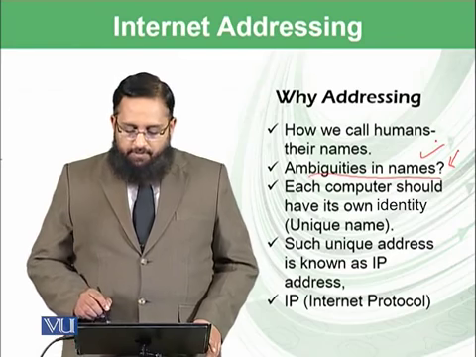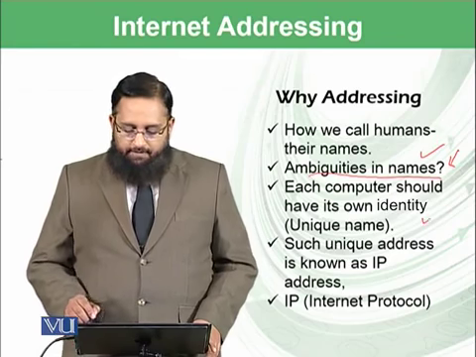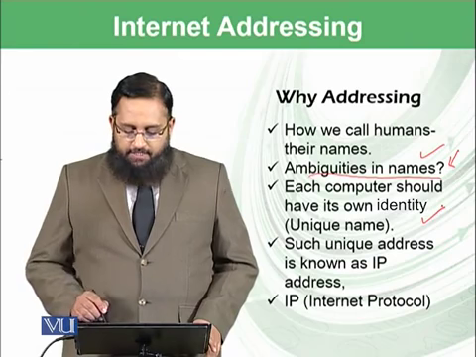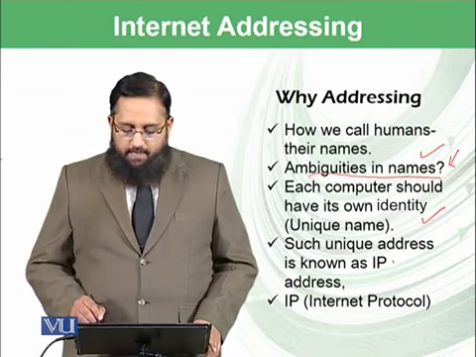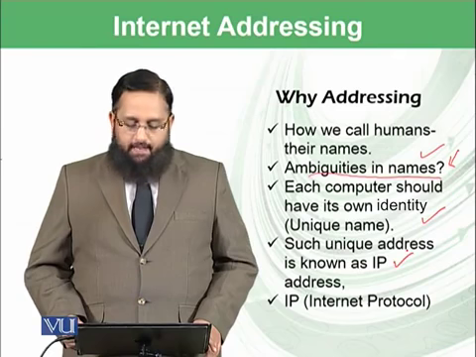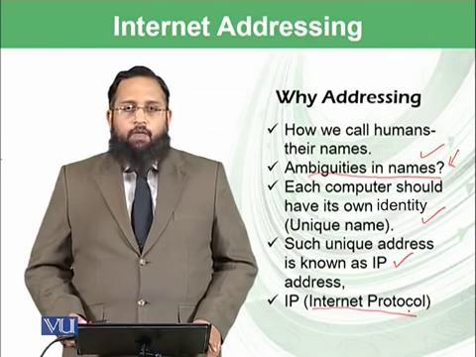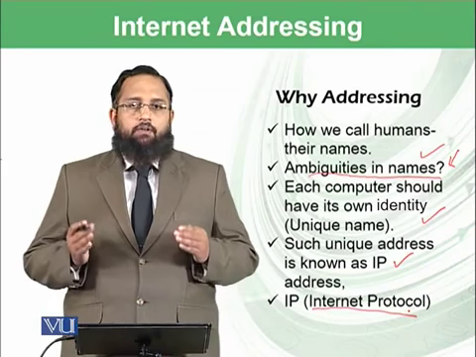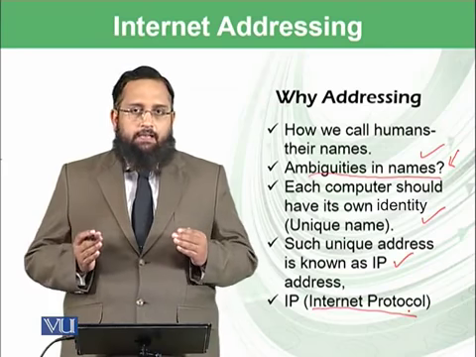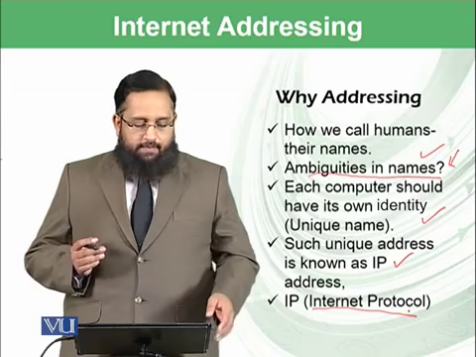So each computer will have its own identity, and such a unique address is known as IP, which is a short form of Internet Protocol. How these IPs are assigned to computers, we will learn in this module.